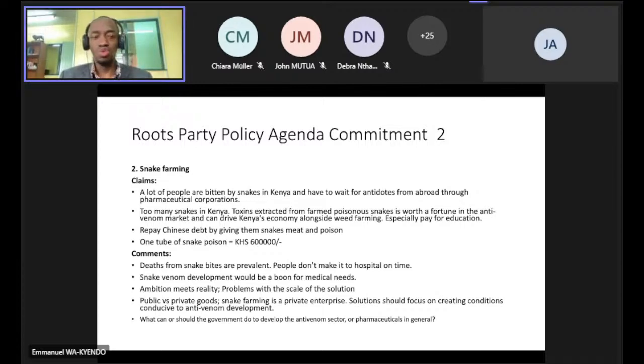It's true that we do have problems from snake bites, and people are actually being afflicted by it. So there is a problem with the supply of snake venom. But we might ask ourselves why this should be such a grand priority for our political platform. But perhaps his focus is paying the debt. But here again, the economics is faulty.